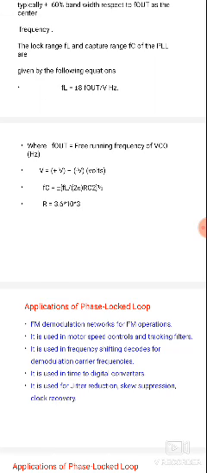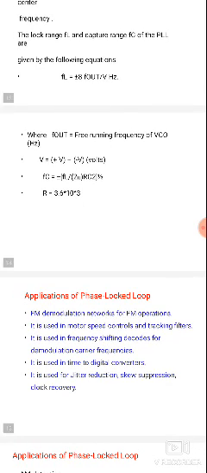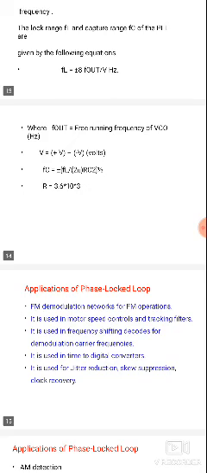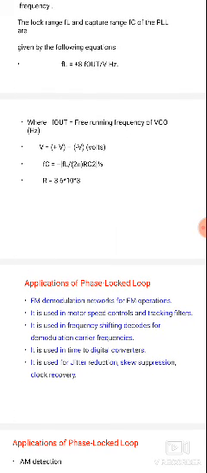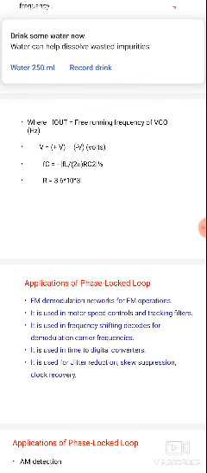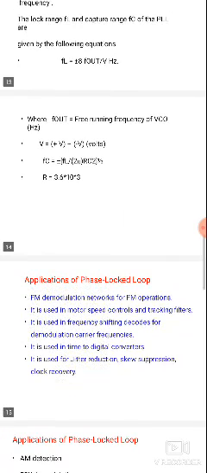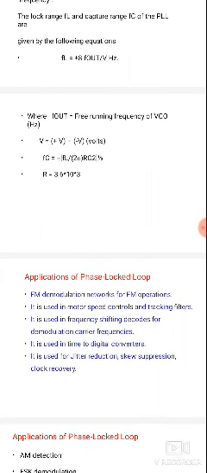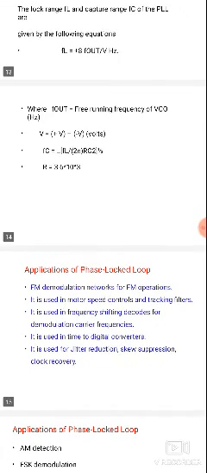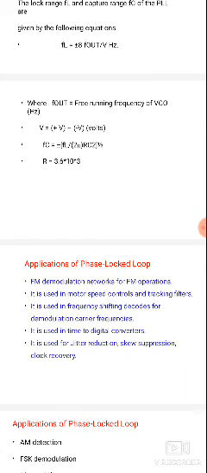Next, FC is the capture range frequency. The capture range frequency value is plus or minus FL by 2 pi into RC2 1 by 3. FL is the lock range frequency, 2 is the numerical digit 2, and pi is 3.14, which we already know.